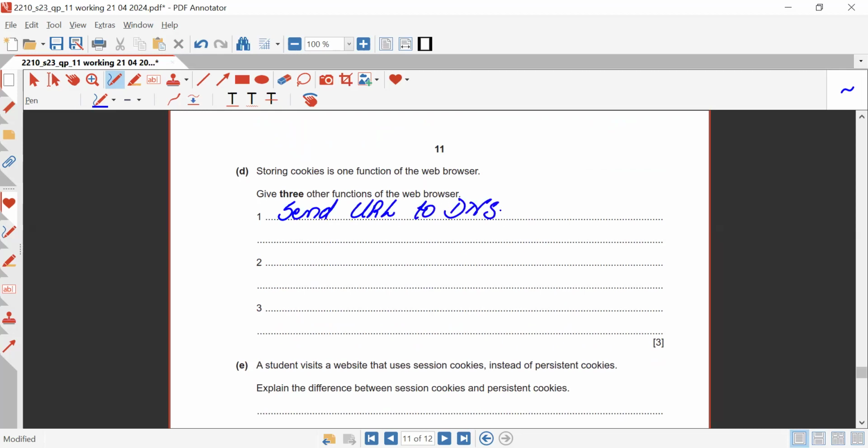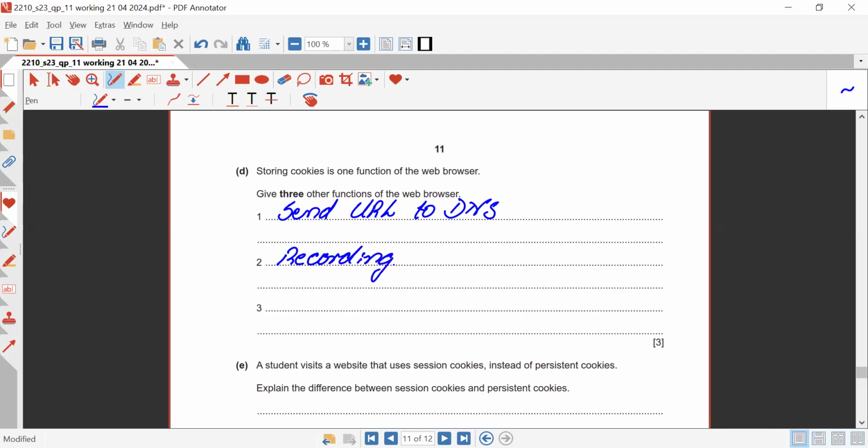It is something that we have just studied about accessing a web page. Retrieval of a web page is a complete topic about this. Rendering means it will be converting the HTML language. Coming back: send URL to the DNS. It will be sending the URL to the DNS servers.